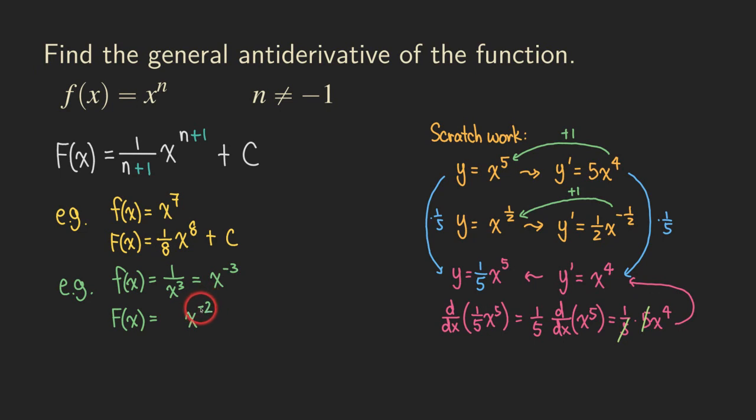And then we need to multiply by the reciprocal of this -2, which is what? -1 over 2. Remember, when you take the reciprocal of a number, the sign does not change. If it's initially negative, then it should still be a negative number, but then you now have the reciprocal. Okay, and then what do we have here as the constant? Well, just the constant, right? So just put plus c.